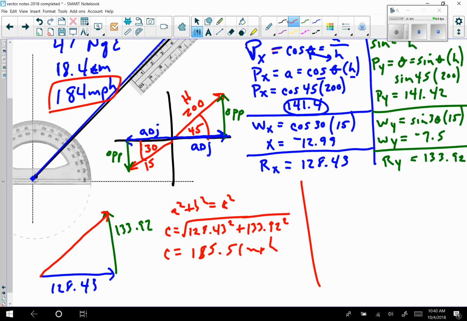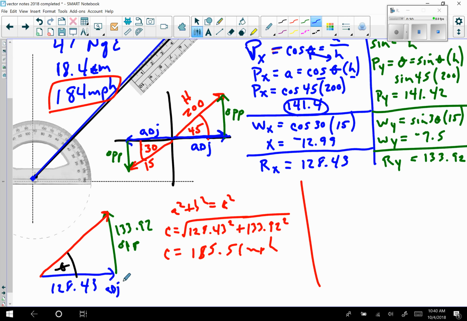You also have to find the direction that it's going off. With the ruler, we got about 47 degrees. Let's see what we get when we do trigonometry. Now, I want to find out what this angle is right here. Where's the plane actually going to be pointing when the wind blows against it? So I now know the opposite side is this green side. Here's the opposite side. I wish I could write that better. Sorry. The blue side is the adjacent side.